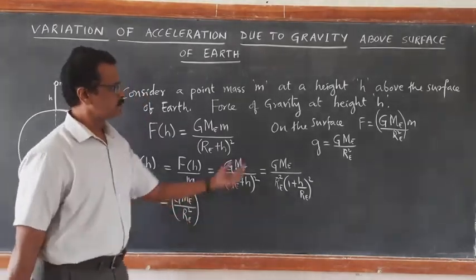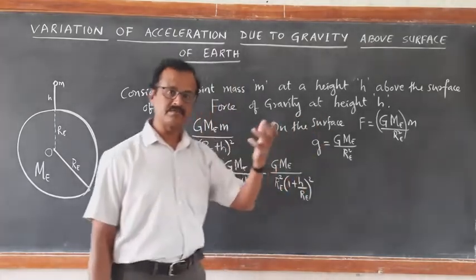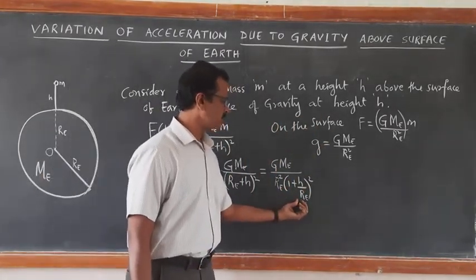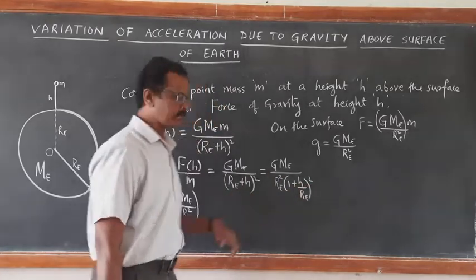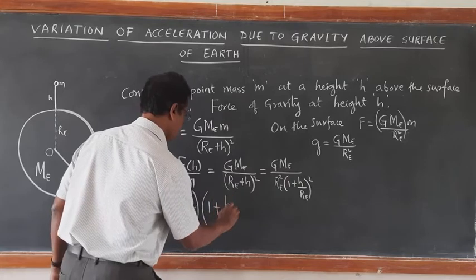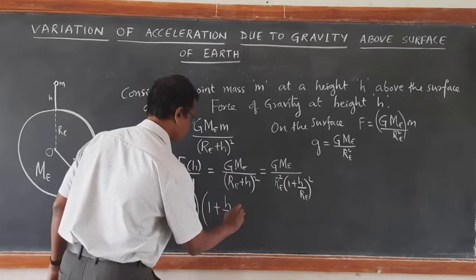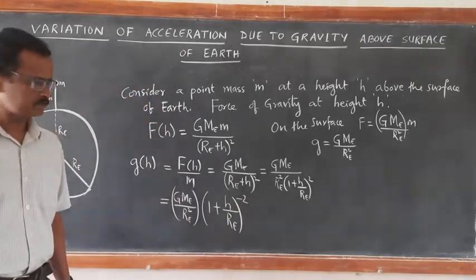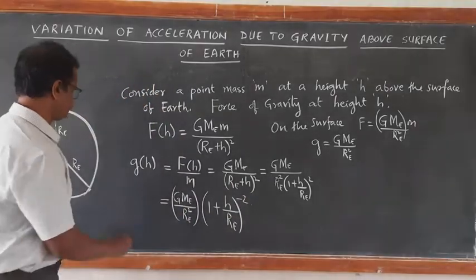This is the acceleration due to gravity on the surface of the earth. Then you are left with 1 plus h upon Re whole square in the denominator. Take it to the numerator. So it becomes 1 plus h upon Re raised to minus 2.